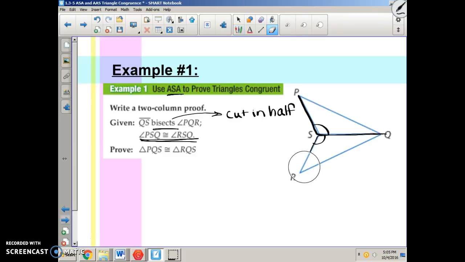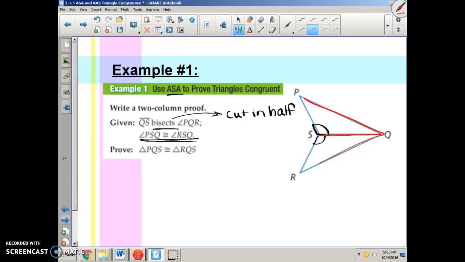So it says that QS, let me get rid of my extra black lines that are unnecessary, tells me that QS is bisecting angle PQR. Okay, well bisecting means to cut in half, so just like when we do a line, it's going to cut this angle in half.